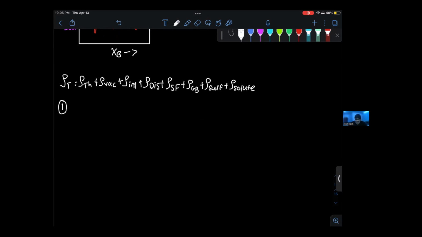I'm going to lump together resistivity of vacancies and resistivity of interstitials. They're both equal to a concentration factor, concentration of vacancies or interstitials, times a specific scattering factor.